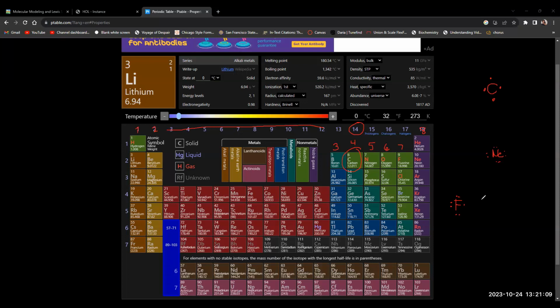Hydrogen, because hydrogen only has 1. So when these two come together, it forms a single bond. Fluorine has 8 now because this bond counts as 2. So we have 2, 4, 6, 8. Fluorine has 8 around it. It's reached octet. It's happy.